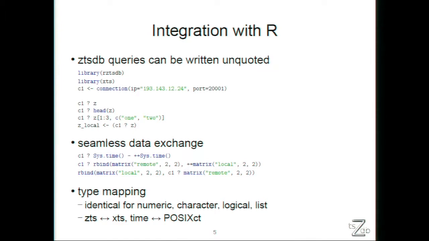If you specify the ++, which is the escape operator, the expression after the ++ operator is evaluated locally inside the R session, bundled as part of the query, and sent over to the remote instance. Obviously the result will come back in R.